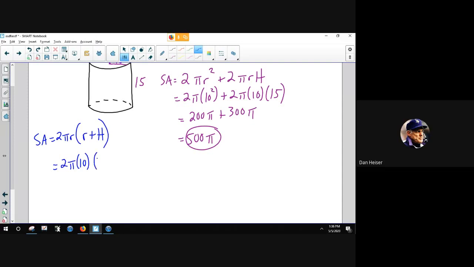R plus H is 25. 25 times 10 is 250. 250 times 2 is 500. Stick the pi on it, and we got the same answer as the other one, which we should. If we got two different answers, we'd have a problem. So there is the surface area of a cylinder.